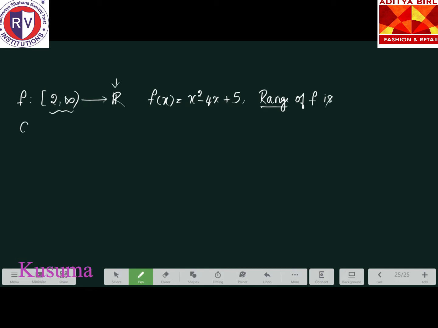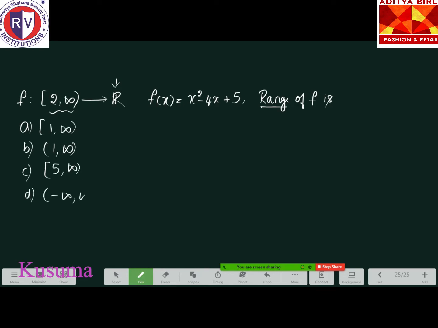So the options here given are the interval 1, infinity. Option B is 1, infinity and open interval. Option C is 5, infinity. And option D is minus infinity, infinity. That is the entire real line.